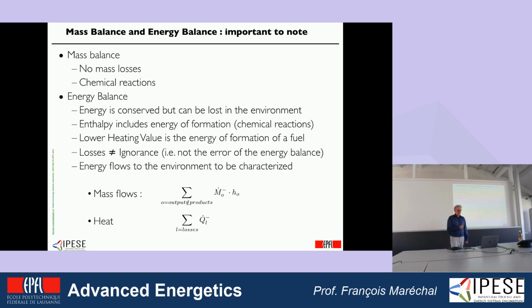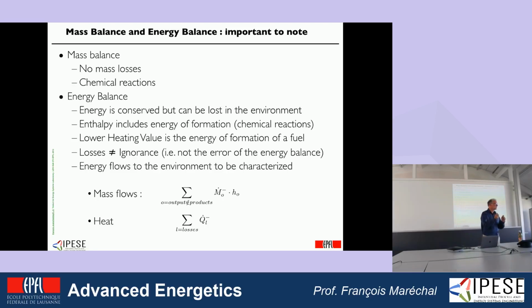And when there are measurements that appear to not be consistent, we always have the nice idea of saying, oh, there is a difference, therefore there is a loss. When an energy balance is not closing, it's possible that there is a heat loss. I'm not saying that heat losses do not exist, but at least the heat losses can be characterized.